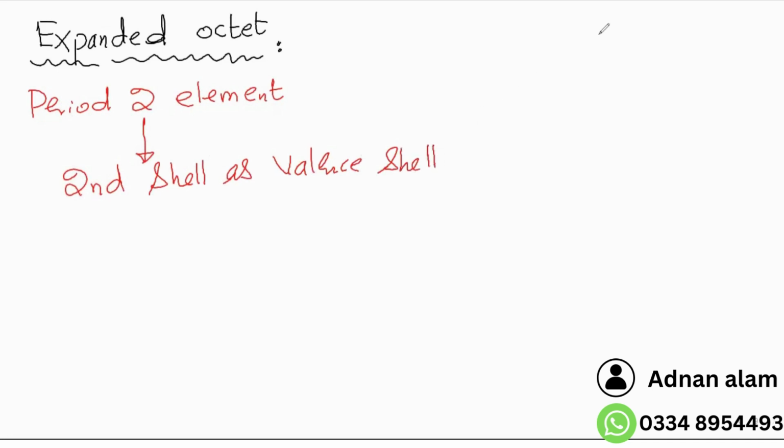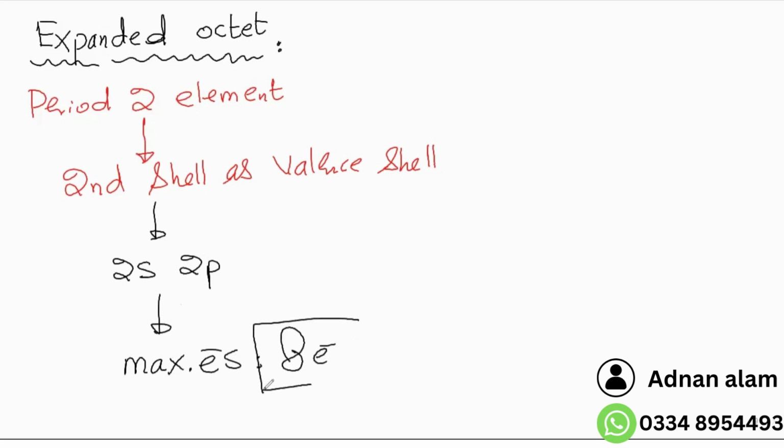Now if the second shell is the valence shell, you know the second shell has only 2 subshells: 2s and 2p. How many maximum electrons can be placed? Maximum electrons for the second shell are 8.